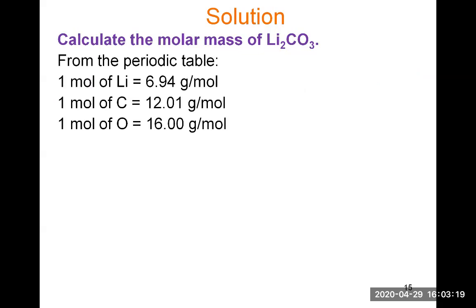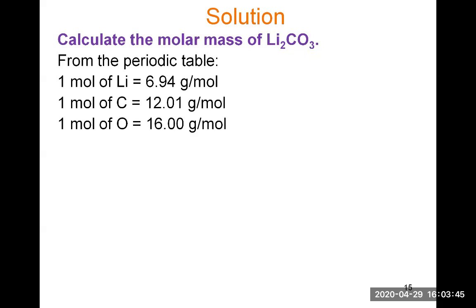From the periodic table, we know that 1 mole of lithium is 6.94 grams per mole. And we already know about the mole of carbon, 12.01 grams per mole, and 1 mole of oxygen is 16.00 grams per mole.